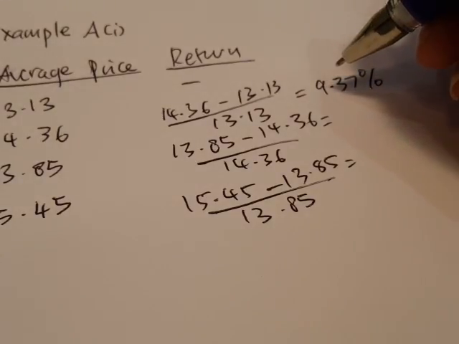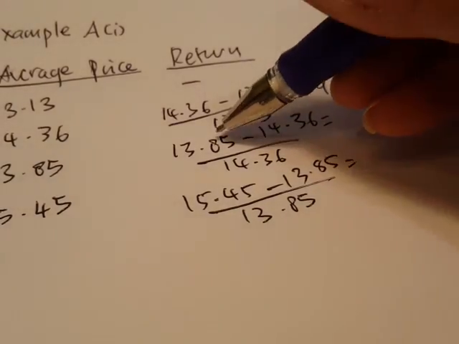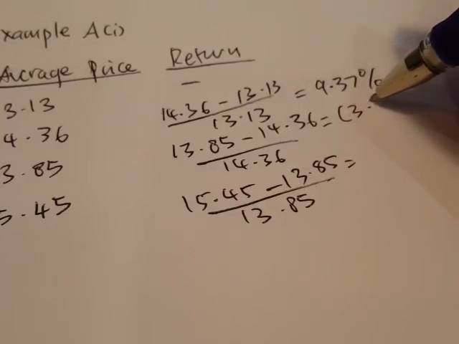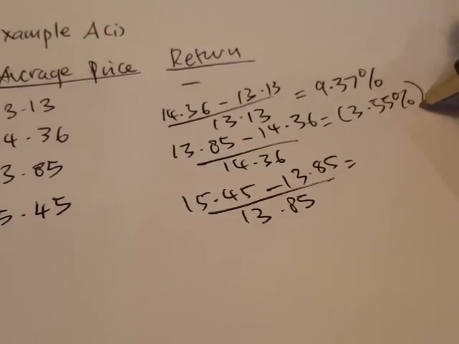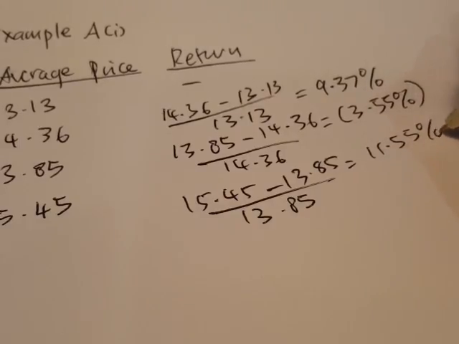That's 19.37. Small figure less bigger amount, you have a negative 3.55 and 11.55.